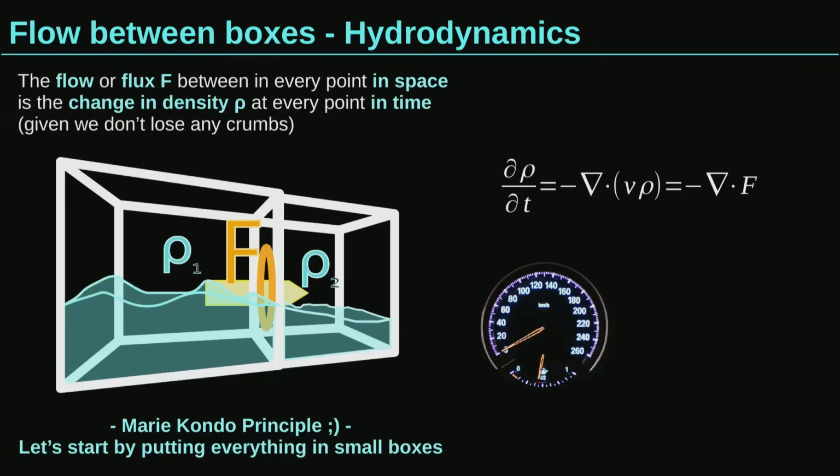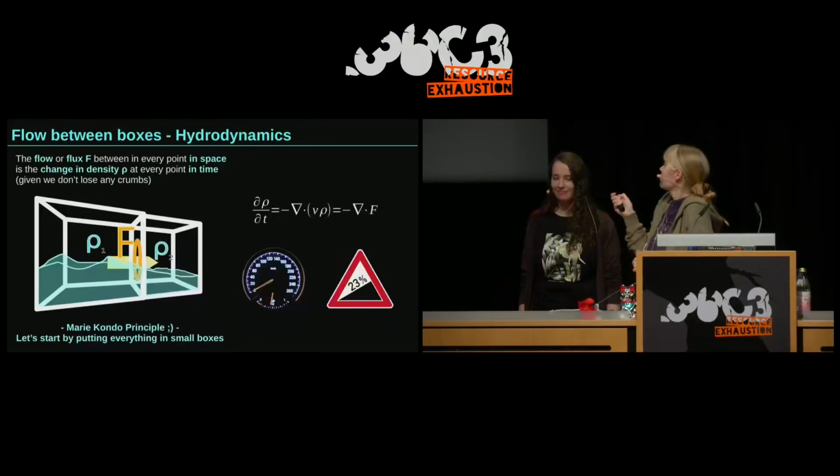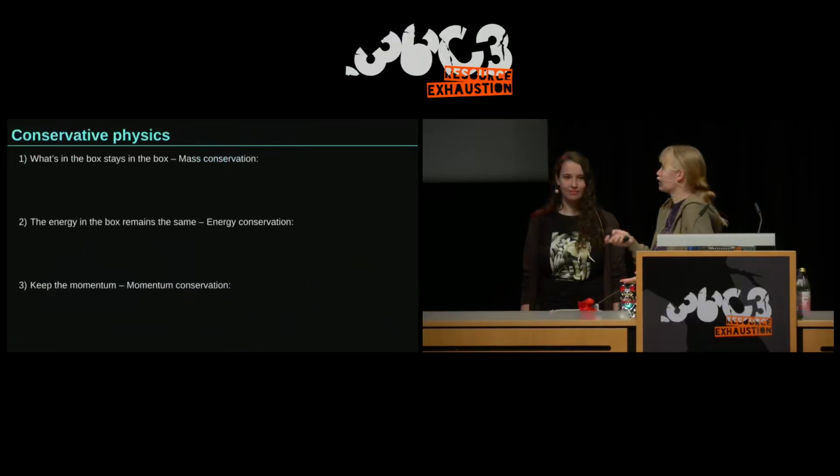And then this weird triangle symbol, called nabla, is a positional derivative. So it's like a slope: how do we change our position? If we look at the density over time, it should correlate to what inflow we have over position. That is what that says.